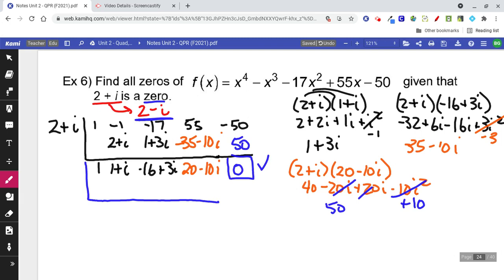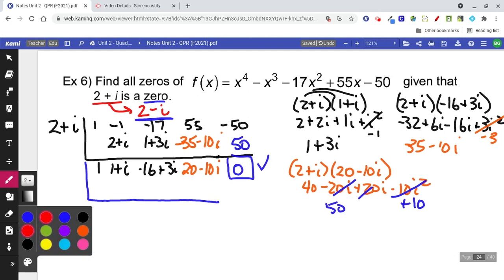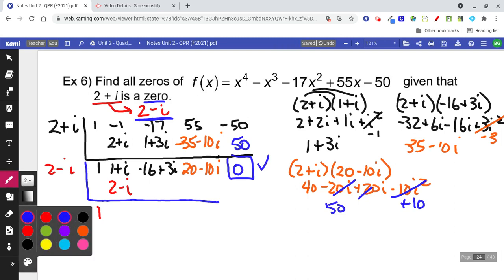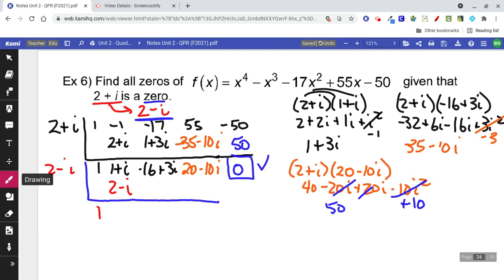Now I'm just going to use the 2 minus i and do the same process. Add down, that's 1. Multiply diagonal, that's 2 minus i. Now what happens here that's kind of nice is those i's cancel. And so all I have is 1 plus 2 is 3. And then multiply diagonal, 2 minus i times 3. That gives me 6 minus 3i.